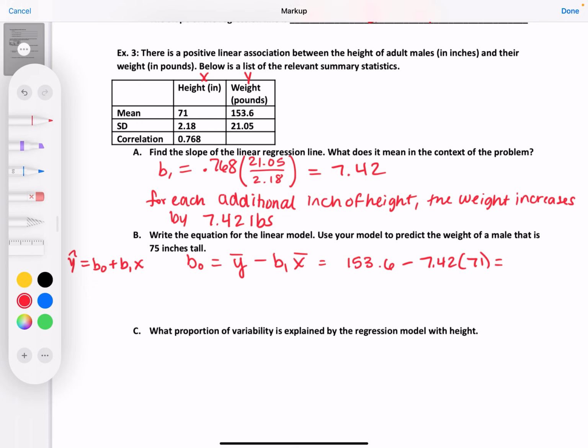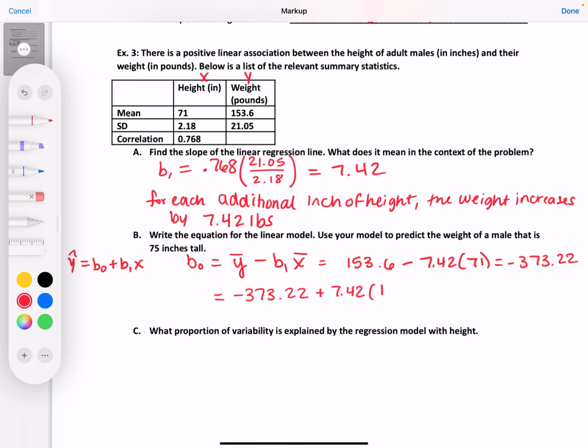Negative 373.22. Is that what you said? Yeah, okay. So then what would my equation of my line be? Negative 373.22 plus your b1, which is 7.42, times 75.